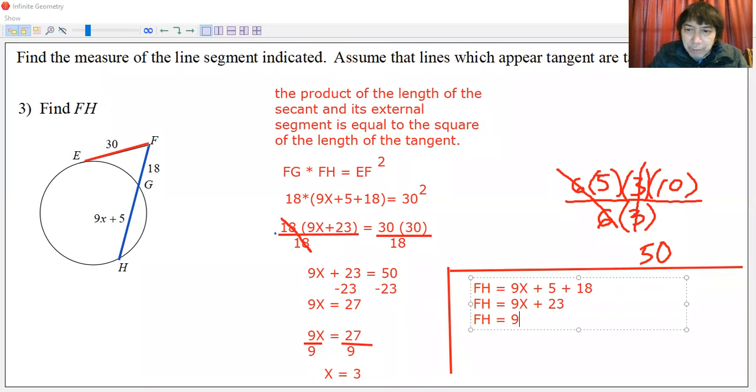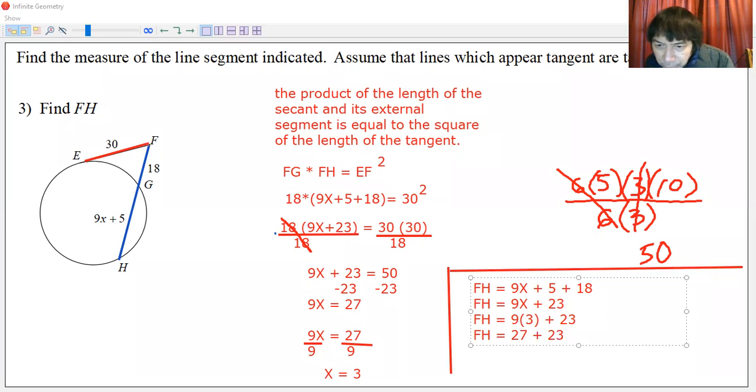This is 9 times 3 plus the 23. And this simplifies to 27 plus 23, which will give us how much? That looks like 50. And so FH is 50 units.